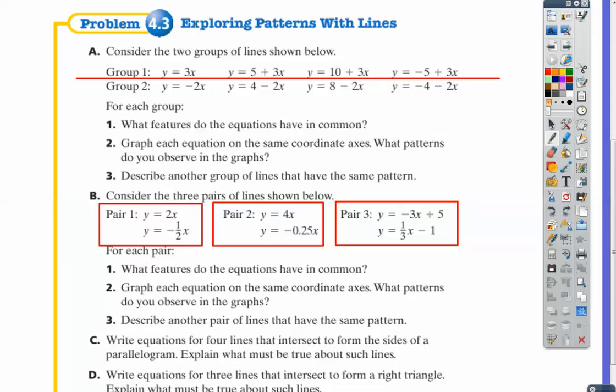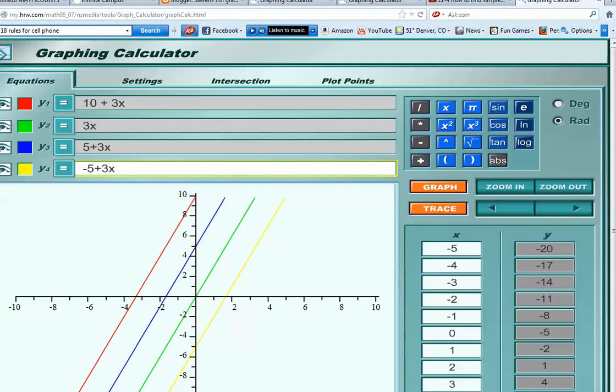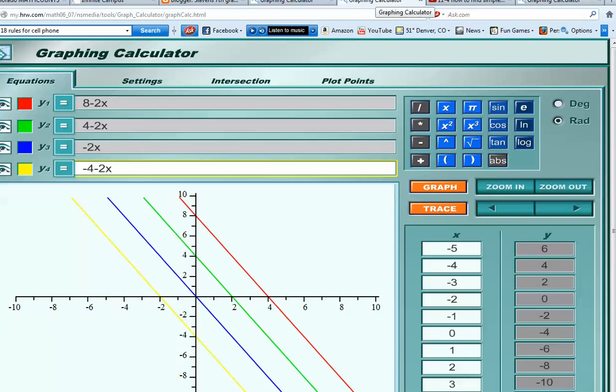So we're going to take group 2 and we're going to graph it and see if we see a common relationship here. So I'm going to go ahead and graph it. And we get parallel lines again. This time the lines are all going down. And let's look at the equations.